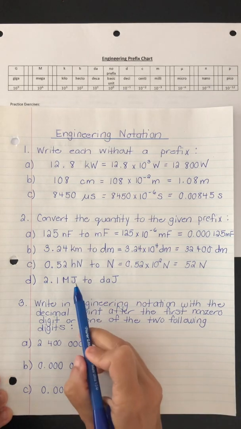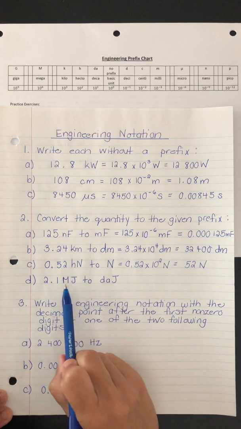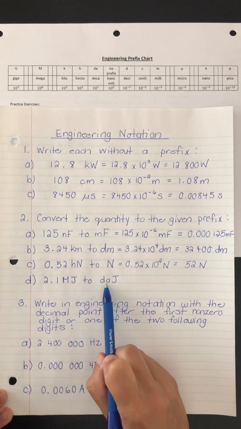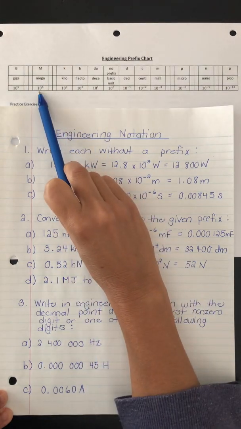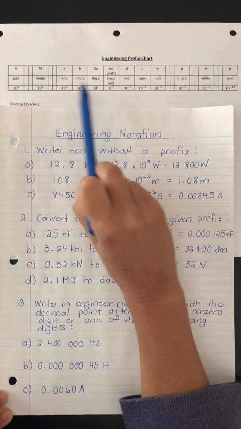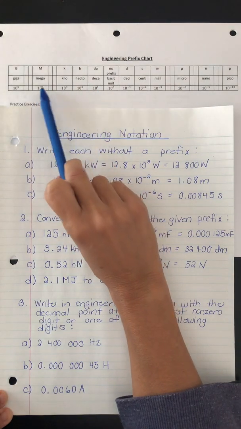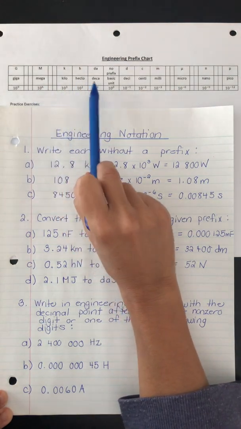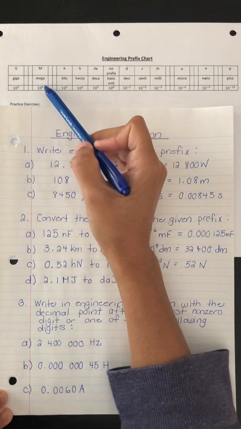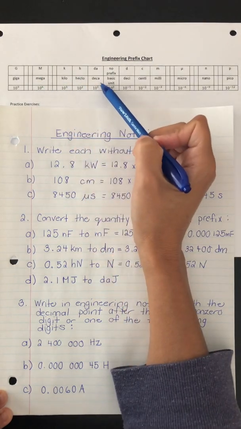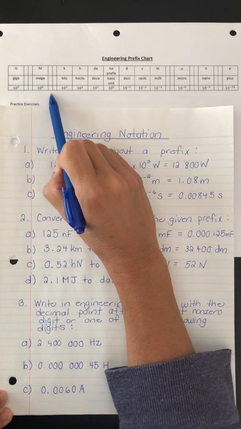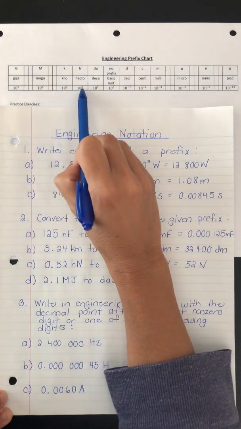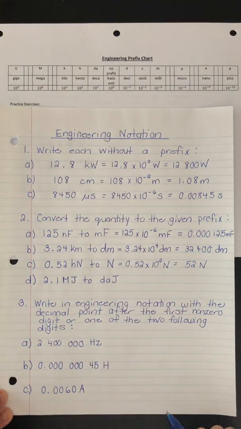Last one, the unit is joules. We're going from mega to deca, D-A, deca, mega to deca. Mega is here, deca is here. The motion will be to the right, so the decimal will move to the right. How many places? From 6 to 1, that's 5 places. You can count like this, 1, 2, 3, 4, 5 to the right.